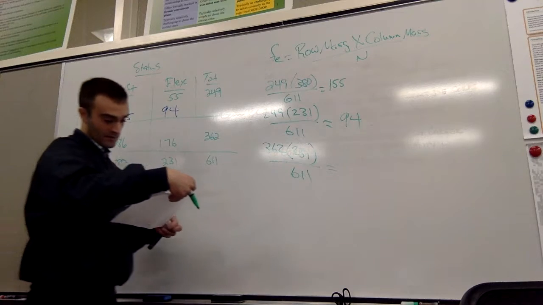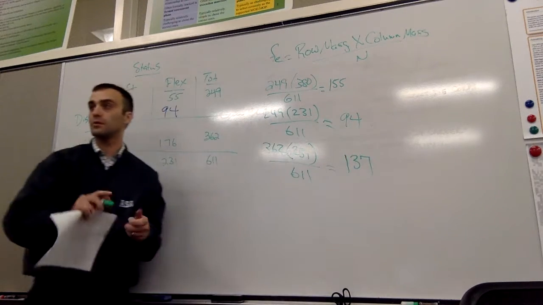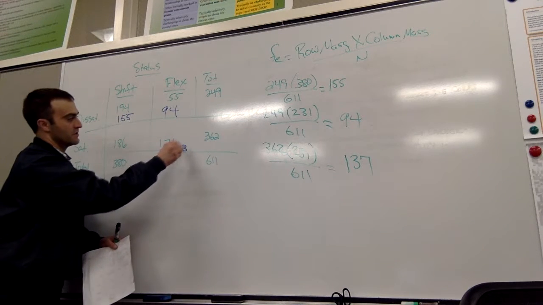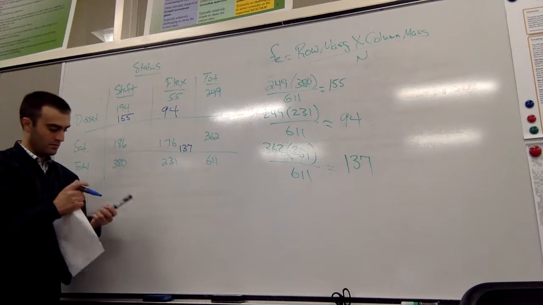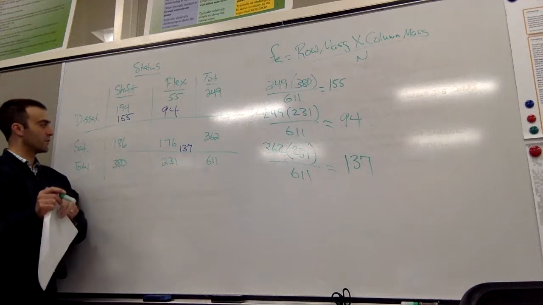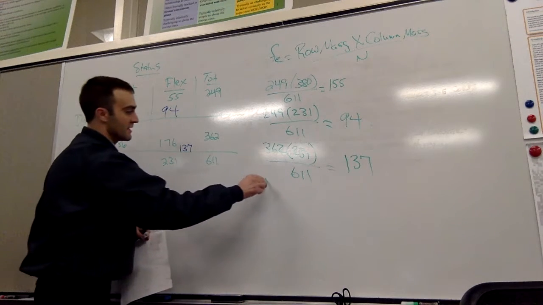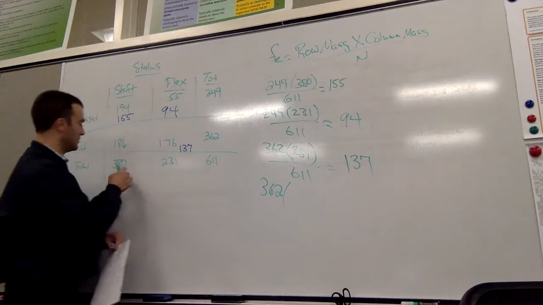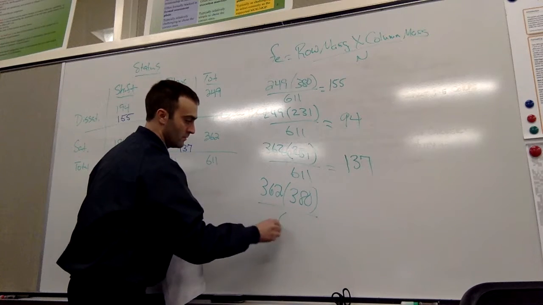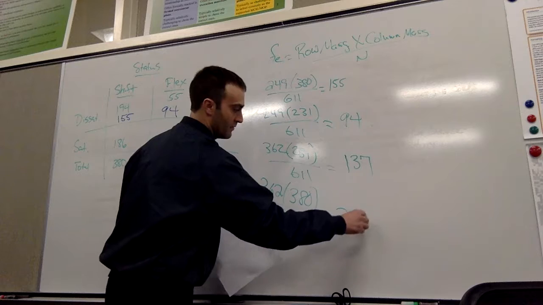And I get about 137, depending how you round. So we should see 137 in that cell. And then the final cell, the southwest, we observed 186. What should we expect to see? You take its row marginal of 362 times a column marginal of 380 over 611. Got about 225.